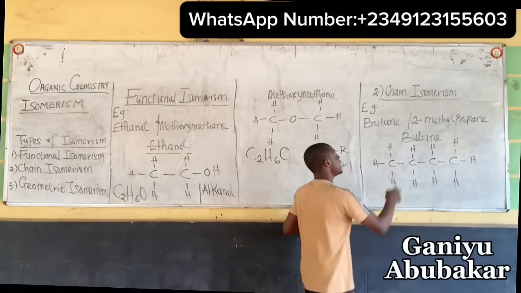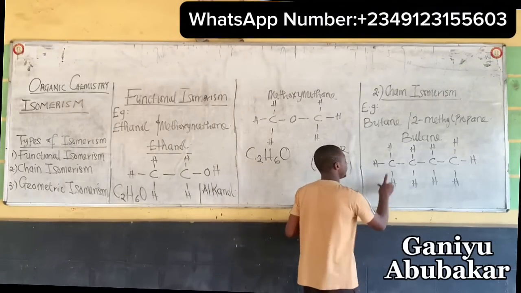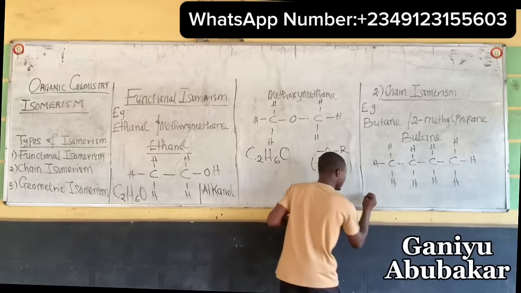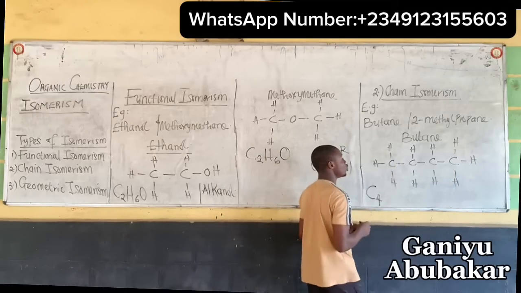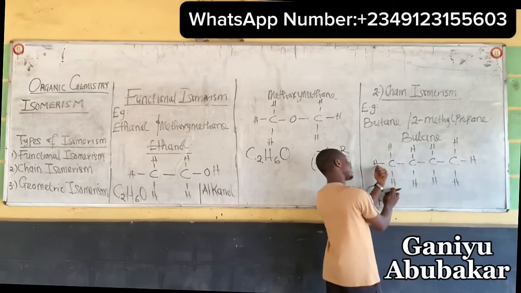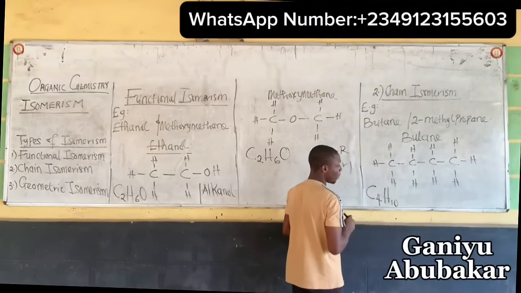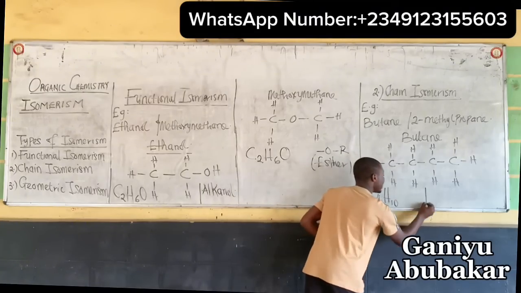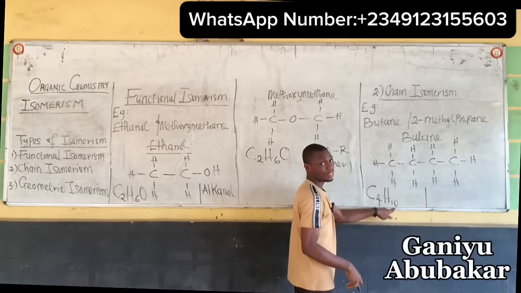No problem. Let's get the molecular formula of butane. How many carbon atoms here? 1, 2, 3, 4. That's C4. Next task, how many hydrogen in total? 1, 2, 3, 4, 5, 6, 7, 8, 9, 10. So I have H10 in total. The general molecular formula for butane is C4H10.